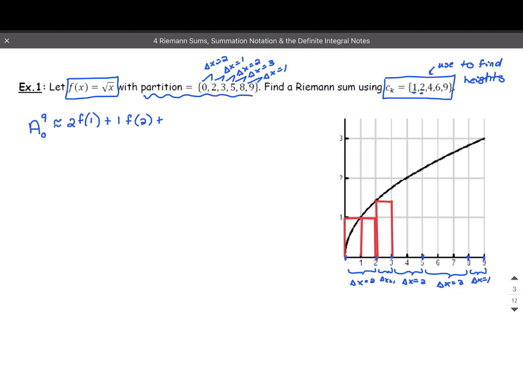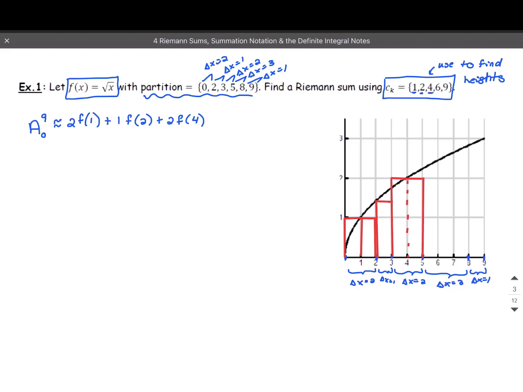Now the next rectangle from 3 to 5 has a base of 2 times f of 4, because we're supposed to use 4 to find the height. Notice 4 is between 3 and 5. I'm going to go up and find the height, go back to 3, over to 5, and come all the way down.